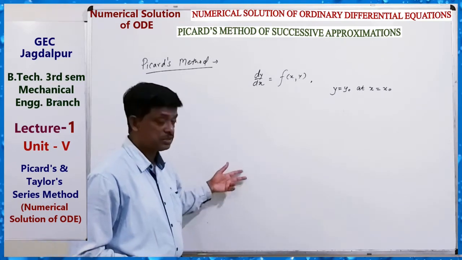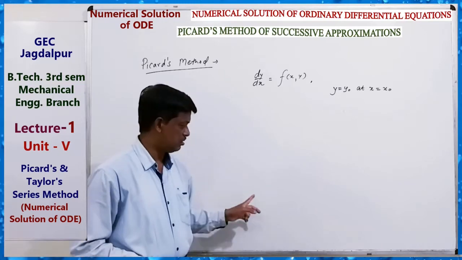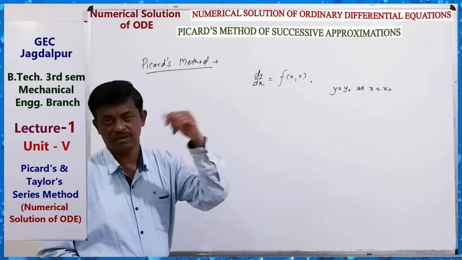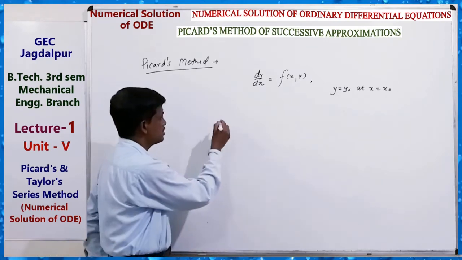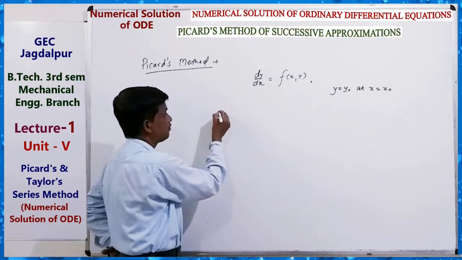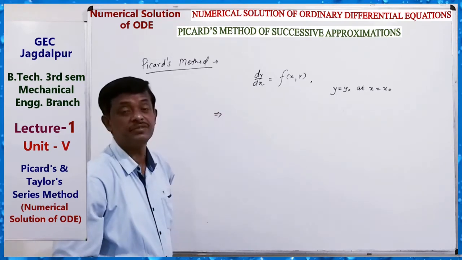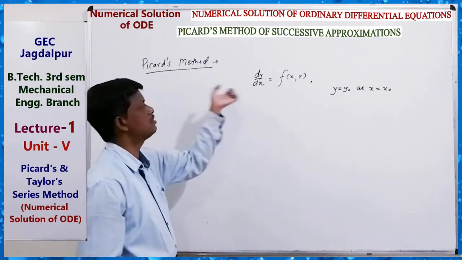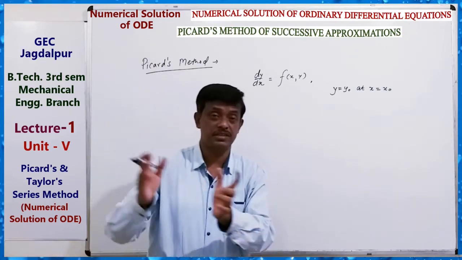If two approximations give the same, or nearly the same value, then that value will be our answer for that particular value of x. So for solving this, just integrate. Picard's method is a successive integration method.